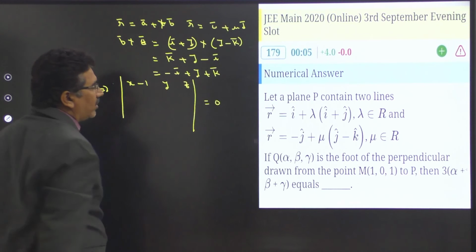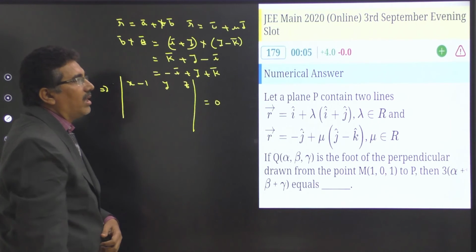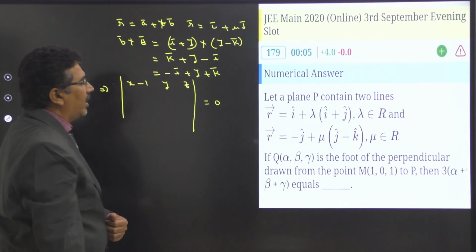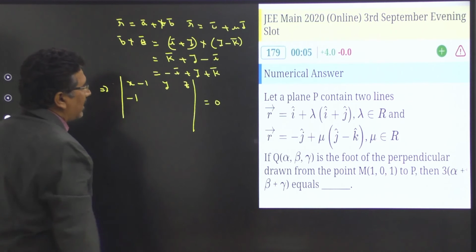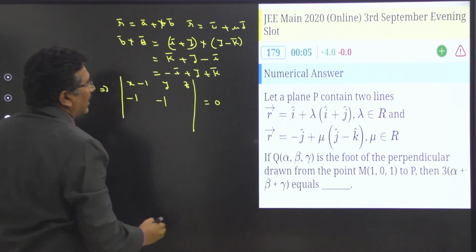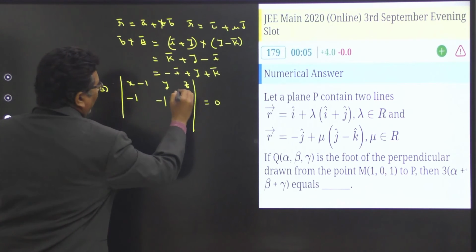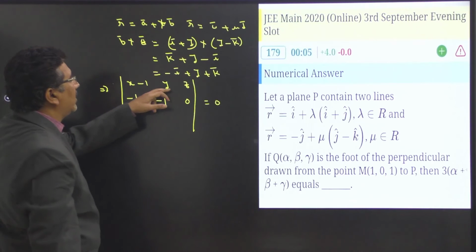The first point is 1, 0, 0. Right. Now this plane is also passing through 0, minus 1, 0.